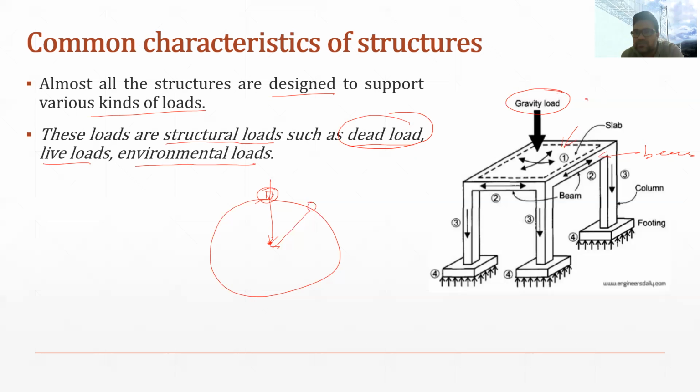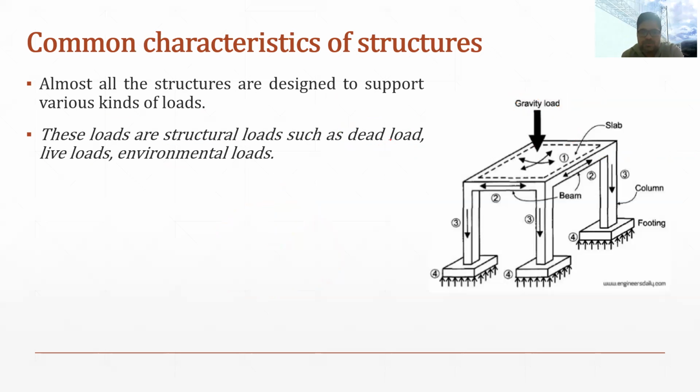So in this case, you can see this building, the self weight of the building acts as a gravity load in the vertical direction. So dead load will consist of the self weight of the building, or maybe some other superimposed load that will be coming on the building. Dead load, as the name suggests, is the permanent load which will not move anywhere.